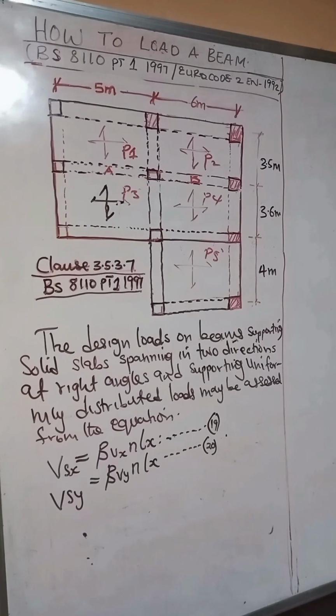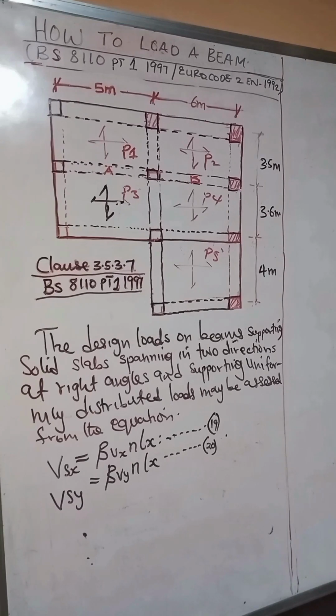The same thing with panel 3, two adjacent edges discontinuous, or we can say two adjacent edges continuous, whichever way you want to put it. So we are dealing with panel 1 and panel 3.